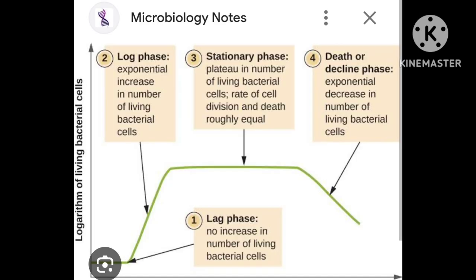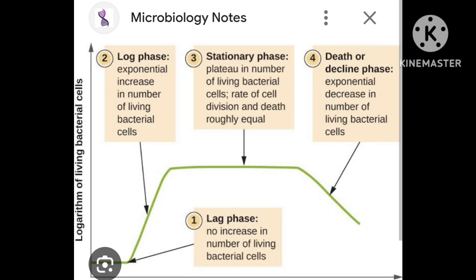There are 4 phases of the bacterial growth curve. Lag phase means no increase in the number of living bacterial cells. Number 2, log phase means exponential increase in the number of living bacterial cells.